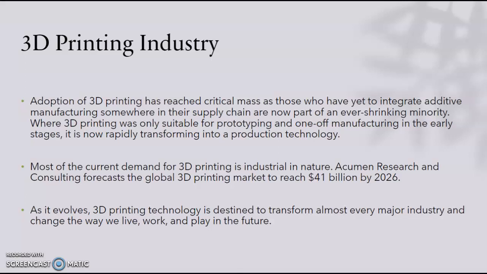Now it is a major way of producing products. Most of the current demand is industrial in nature. As it evolves, 3D printing is destined to transform almost every major industry and change the way we live, work, and play in the future.